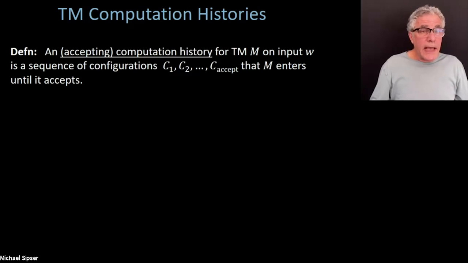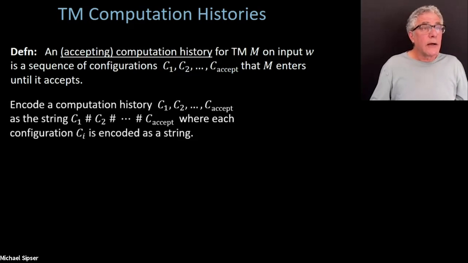Just as we had with configurations, we're going to want to be able to write down computation histories as strings. And it'll be convenient to have a particular format for doing that as well. It's kind of the obvious thing. We're just going to take the sequence of configurations in the computation history and write them down as a string, where each configuration is going to be the string for that configuration.